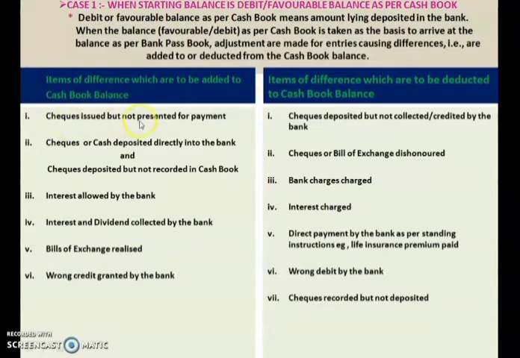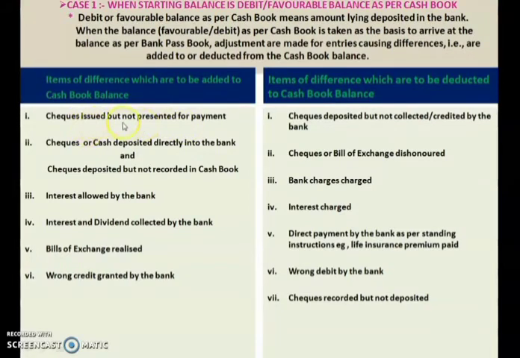Check issued but not presented for payment. So you have issued the check. Issued the check means you have given the check as payment to your creditors. Okay, so when you issued the check, that means you are making payment, but that check was not presented by your creditor to the bank.